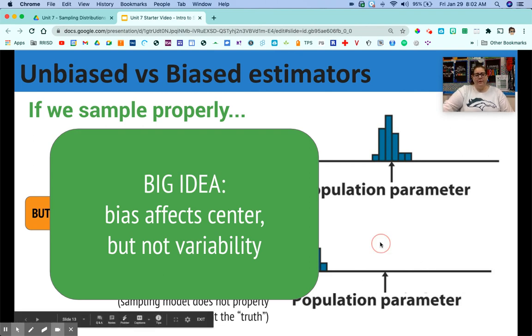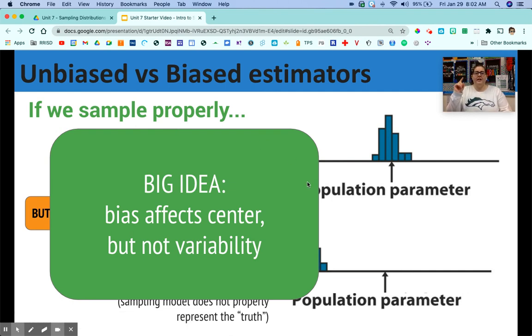So those are our couple of things to keep in mind. As this introduction to sampling distributions, we will get more into sampling distributions with proportions, and then we'll talk about sampling distributions with means or numerical data, and look at how they're similar, how they're different, and what things we can do with that information.